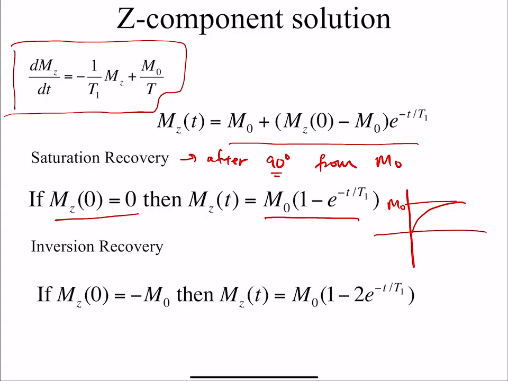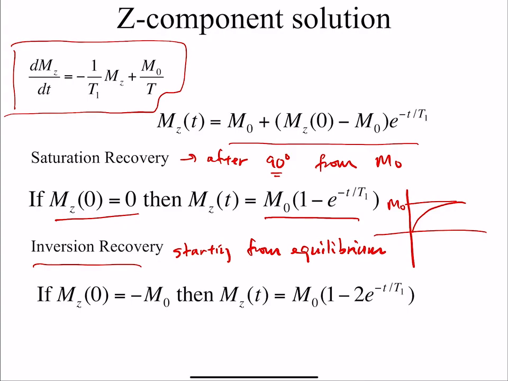Now for inversion recovery, also assuming I'm starting from equilibrium, I've got m naught here, I tip it 180 degrees, and I have minus m naught.